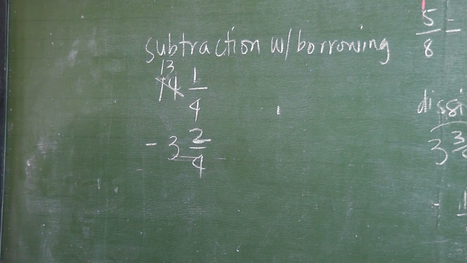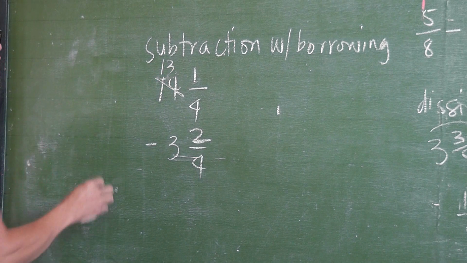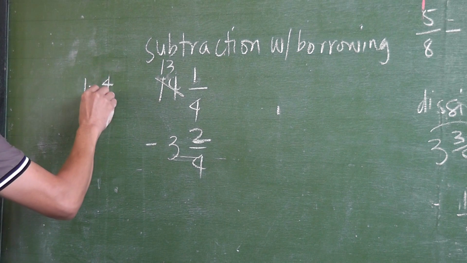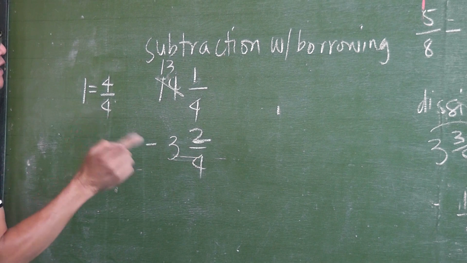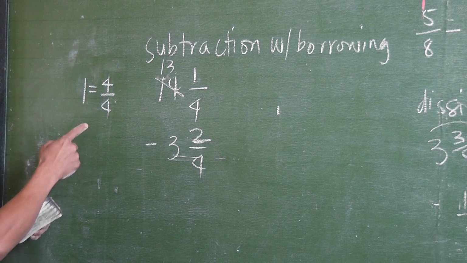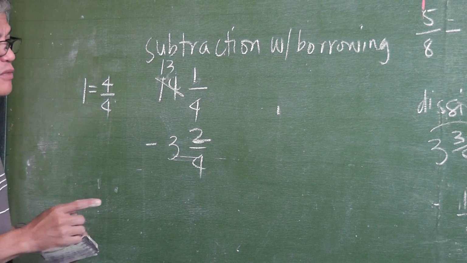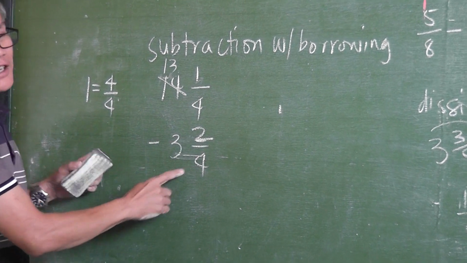And I said a while ago that the one we borrow will become a fraction equal to 1. So the one that we borrow will become 4 over 4, because our denominator is 4. We base our fraction equal to 1 on our denominator. Remember this always.